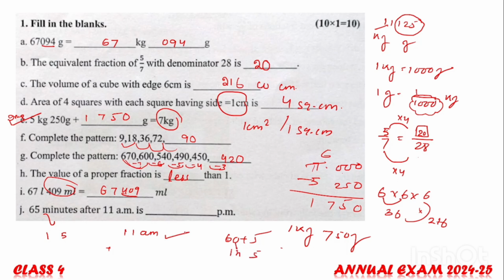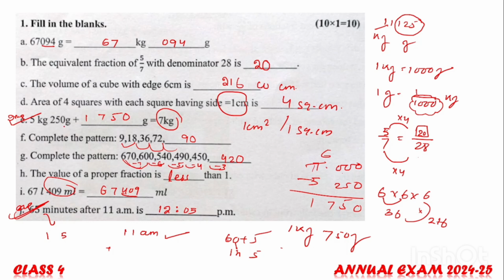So 11 am plus 1 hour, that is 12. Yes or no? 12. Then 12 plus 5 minutes, that is 12:05 pm. This is a very important question. All of you understand?